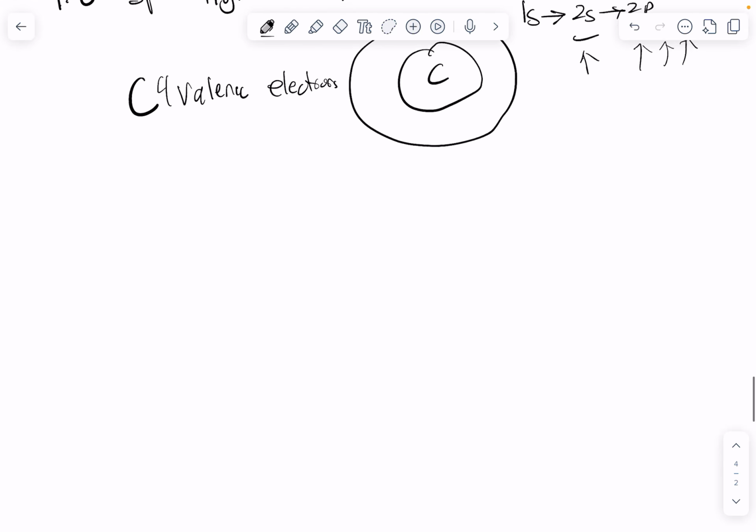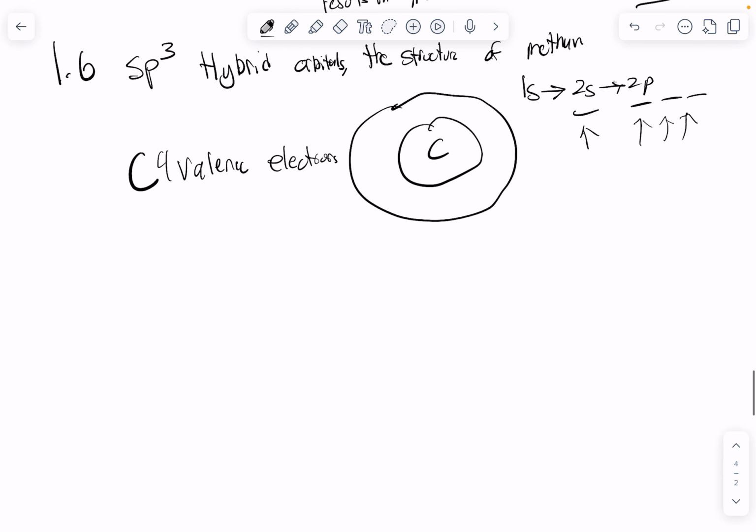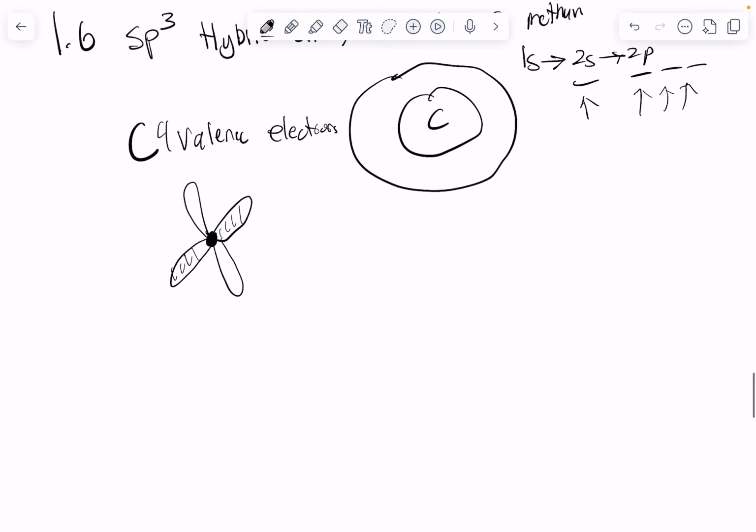And the way this is going to look kind of in a visual sense is like this. So kind of visualize this black dot is carbon, and these are its orbitals, right? So these are the sp3 hybrids that surround the carbon. All right. So now let's kind of put something together.